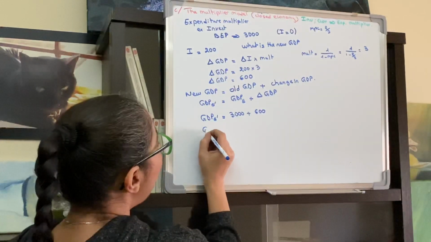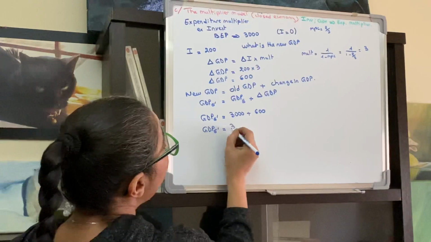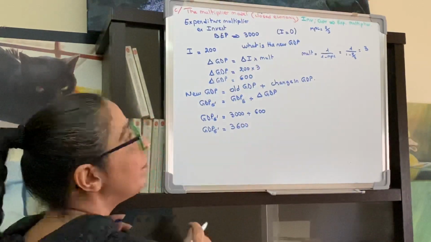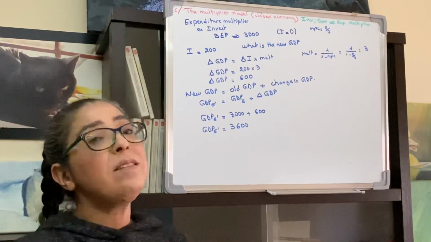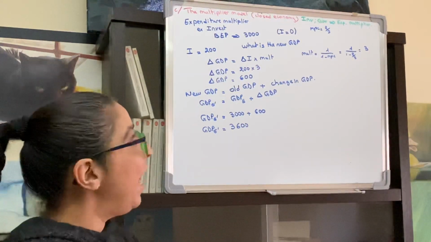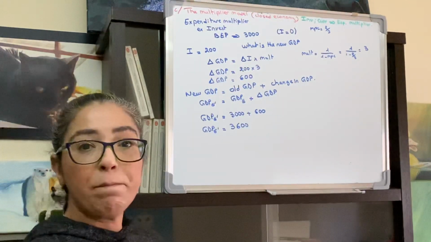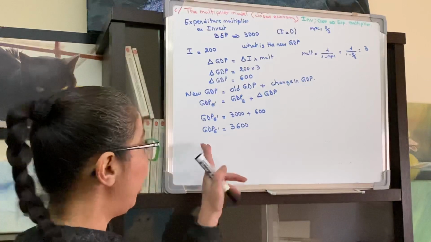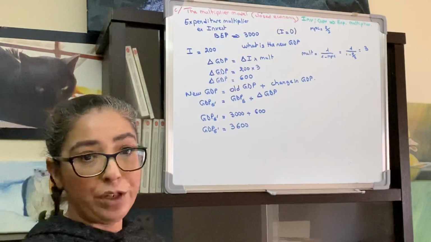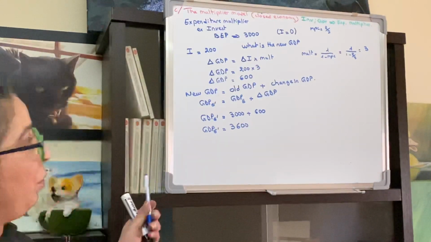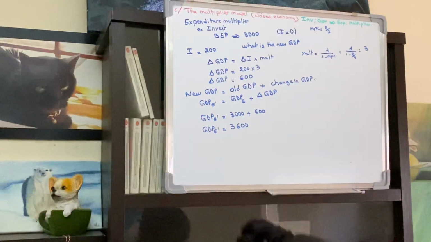So the new equilibrium GDP at E prime will be 3,600. Exactly what you found using the C plus I approach. But now we're moving from one equilibrium to the next. Check your table. That's what you found when your investment was 200. Take a screenshot. I'm going to move again to another point.